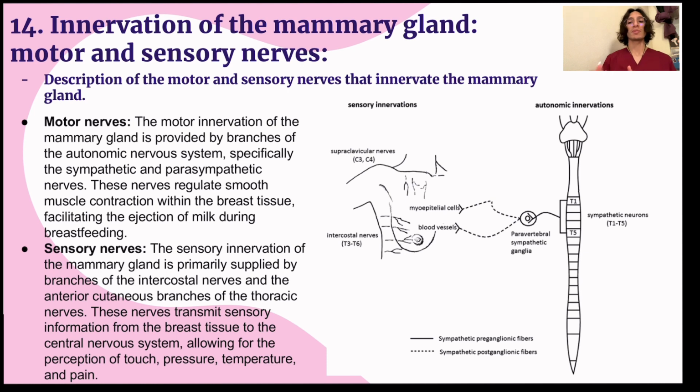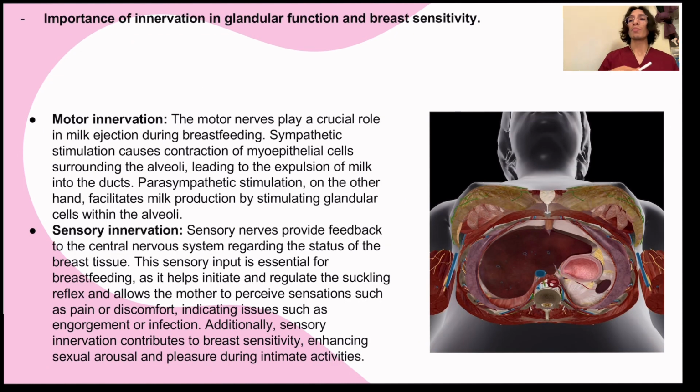These nerves transmit sensory information from the breast tissue to the central nervous system, allowing for the perception of touch, pressure, temperature, and pain. Importance of innervation in glandular function and breast sensitivity. Motor innervation. The motor nerves play a crucial role in milk ejection during breastfeeding.